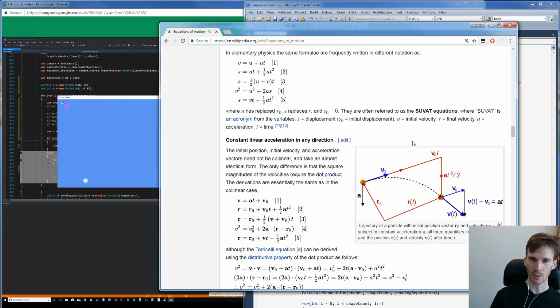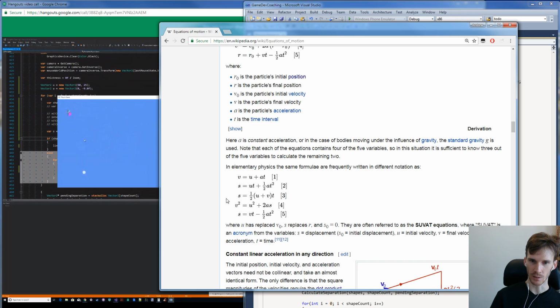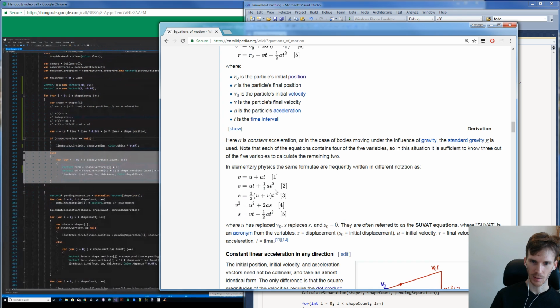But over here you'll see this formula, number 2, is exactly what we had ourselves. They skip over the plus the initial position, but this is that formula, so that's what we came up with.